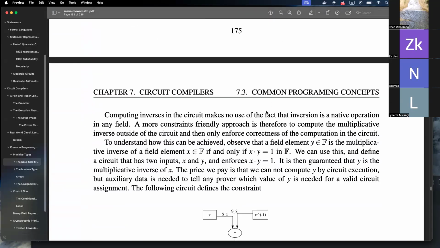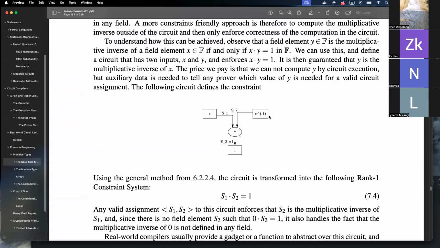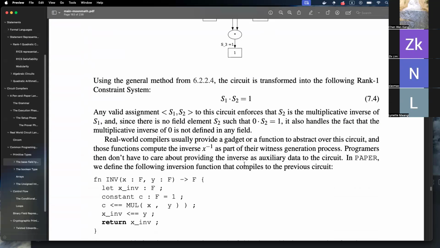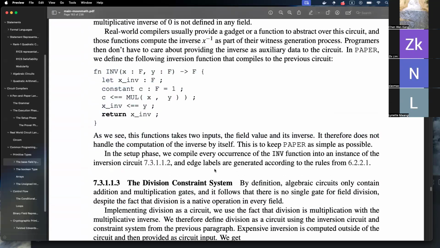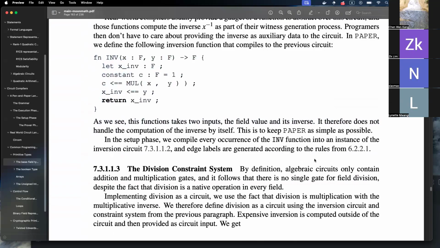Inversion constraint: how inverse is implemented in a circuit. In this case it can be defined like this.